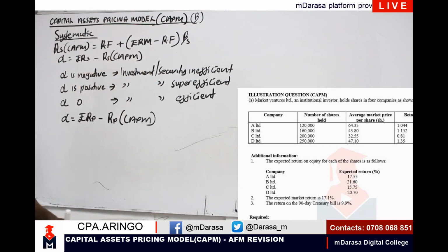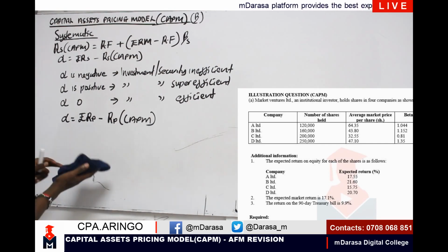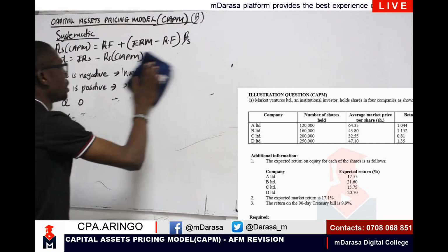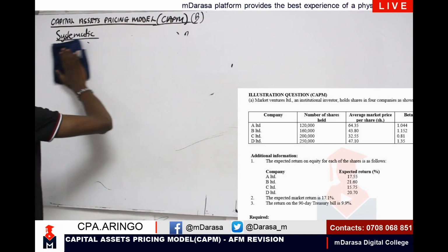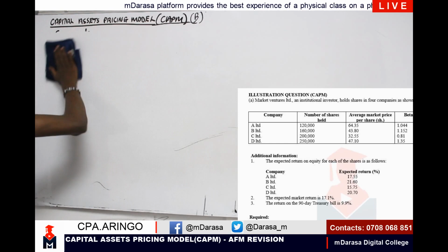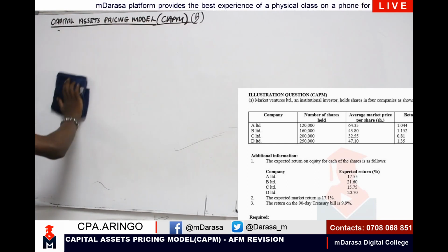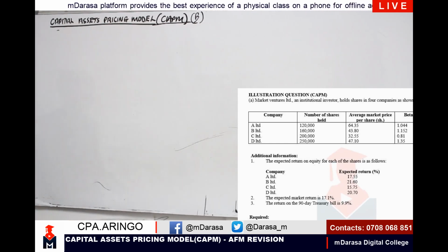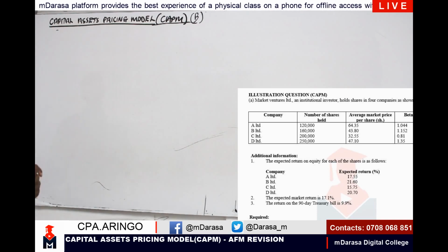So allow Mwalimu to erase here because you've clearly described and we've analyzed that question the best way we could. So let us start working. So the examiner here, according to our question, wants us to determine the worth of these investments, right?